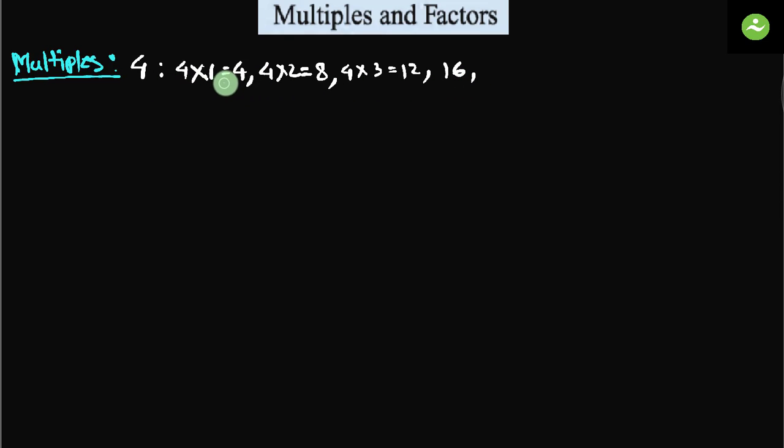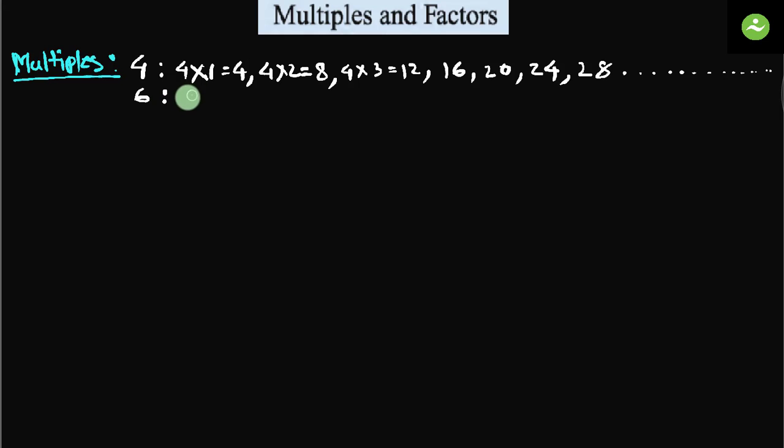Multiply 4 with 5, it is 20. Then 4 into 6, 24. 4 into 7 is 28, and it goes on. Never ends. Unlimited.